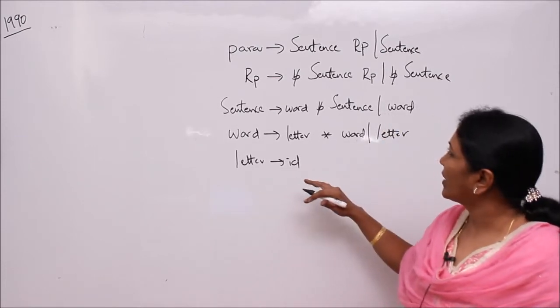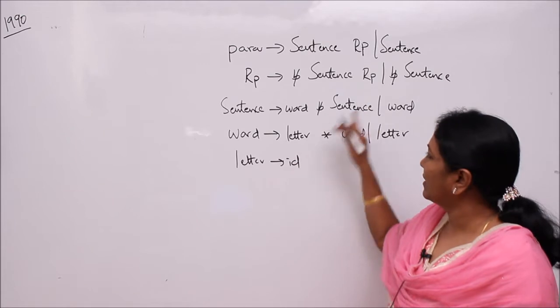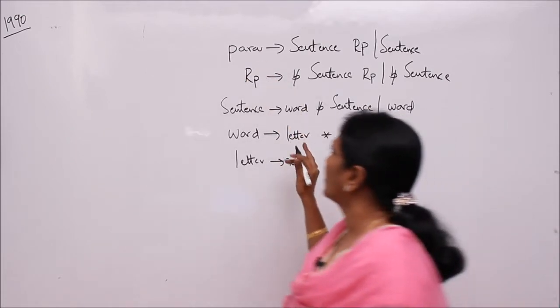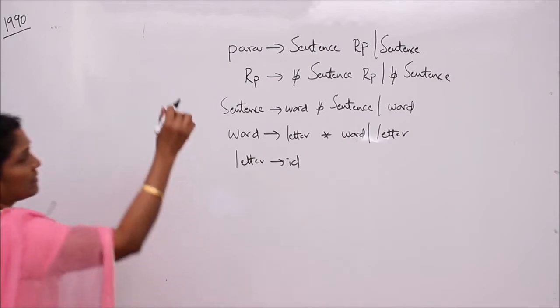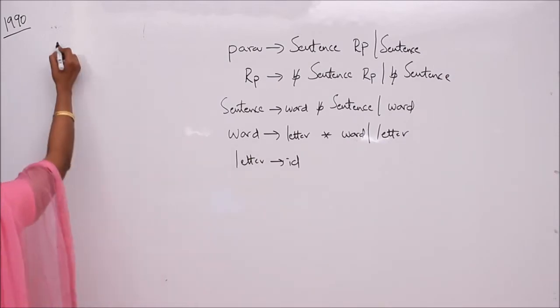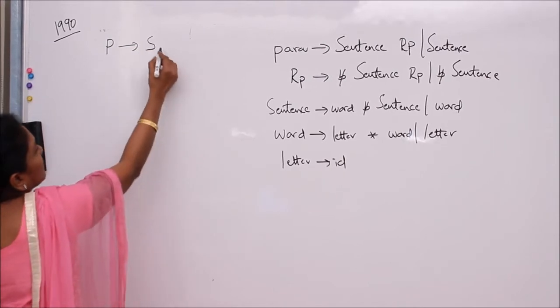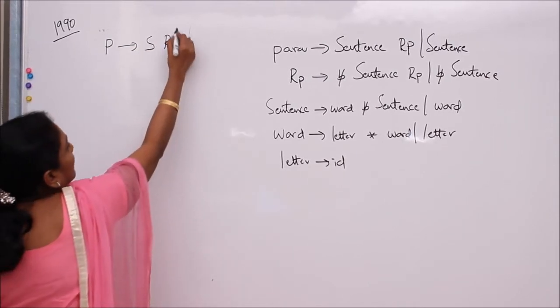So for that, what I do is, instead of taking such a big grammar, let me just abbreviate each of this in a simpler manner. Just for understanding purpose, I will rewrite the grammar like this. P stands for para, S stands for sentence, R stands for RP.